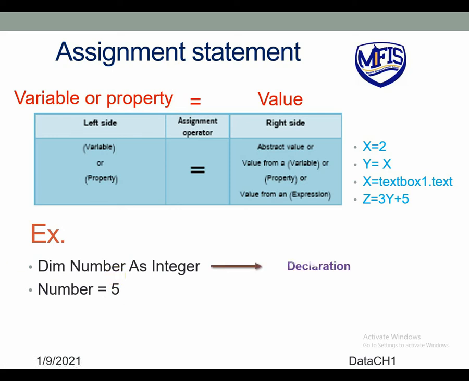As we said in the previous video, declaration to declare the variable, and this variable is called number and its data type is integer. But the second line of code is assignment statement. You remember? Two sides, left side and right side, separated by equal sign. This means assignment statement. Number equal 5.